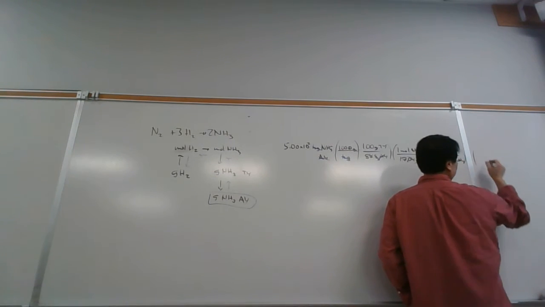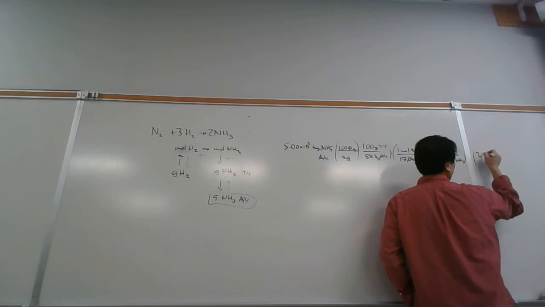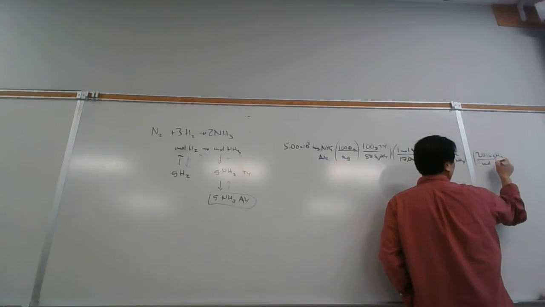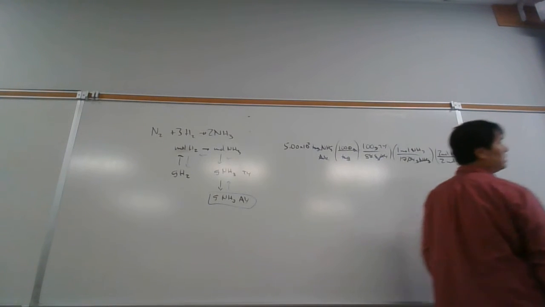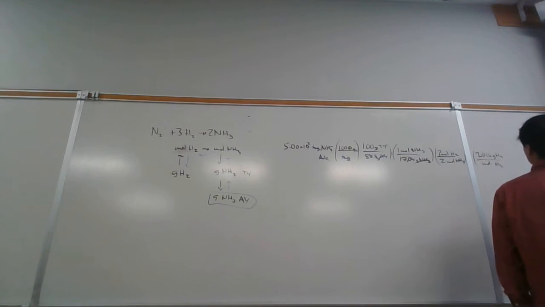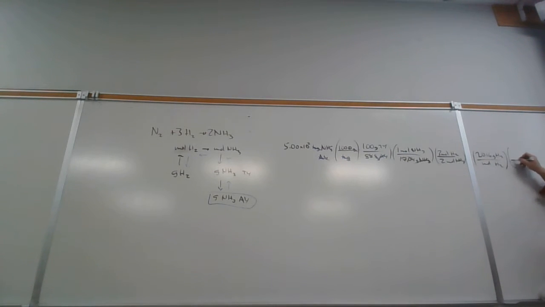And then we're going to use 2.016 grams of hydrogen for every mole of hydrogen. And this is in kilograms, so we'll just go with the same mass unit. That is, 1 kilogram is 1,000 grams. And so that'll give us kilograms of hydrogen in theory that we'll need to do this.